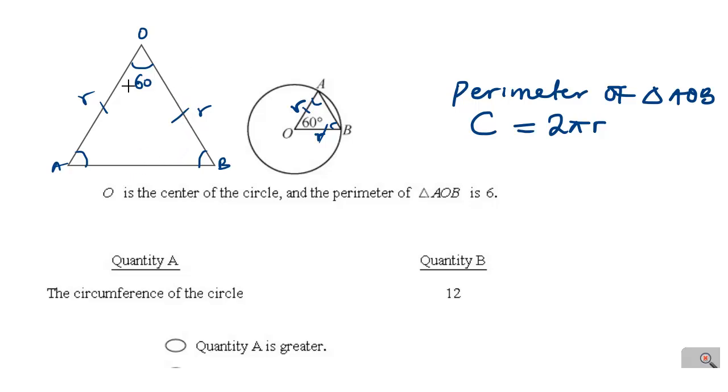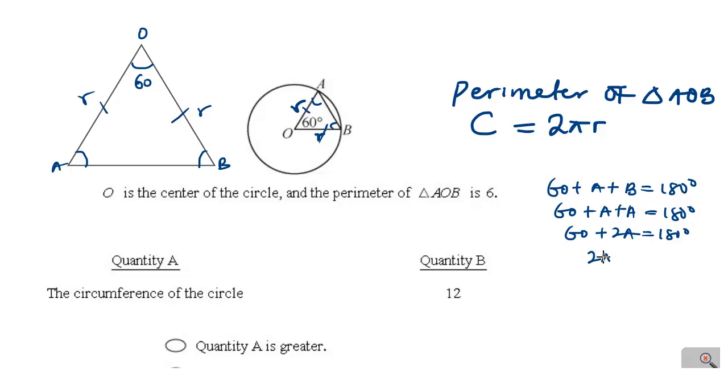How do I mean? The sum of angles in a triangle is 180. So if the base angles are the same, if A is equal to B, then we can say that 60 plus A plus B is equal to 180 degrees. So 60 plus A, since A is equal to B, becomes 60 plus 2A is equal to 180 degrees.